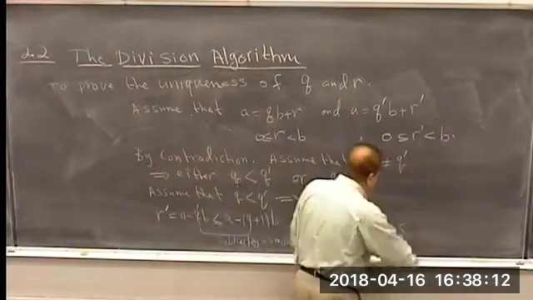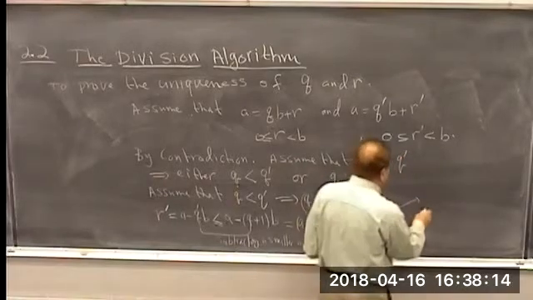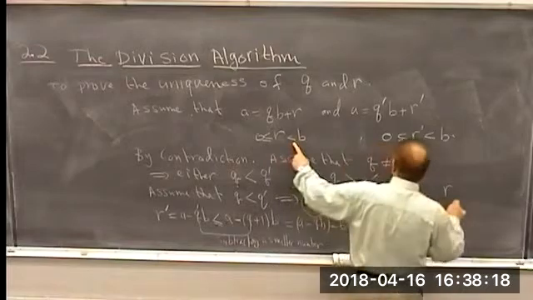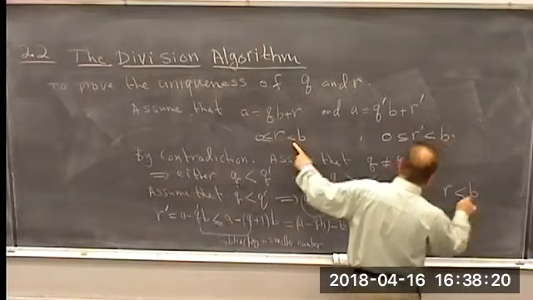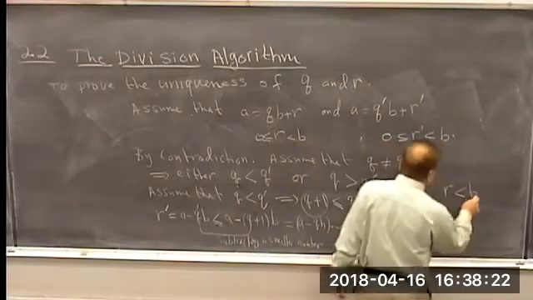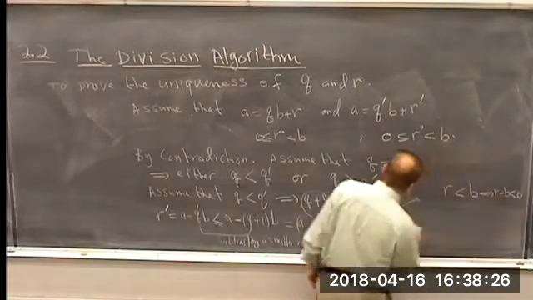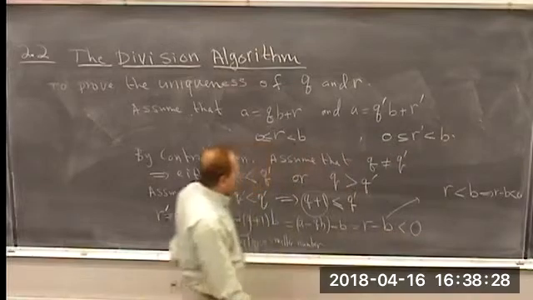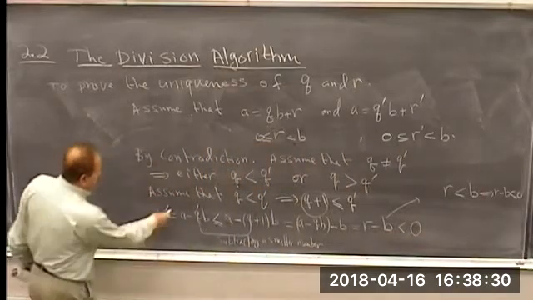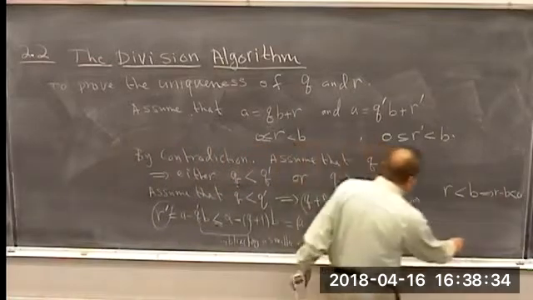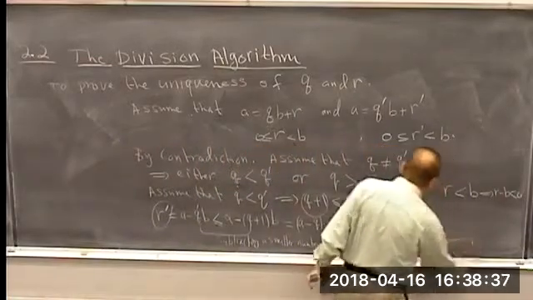Because remember, one more time, R is less than B, so when you take R minus B, you get less than 0. So this is less than 0. Well, we have a contradiction in here because this implies that R prime is negative, so this is a contradiction.